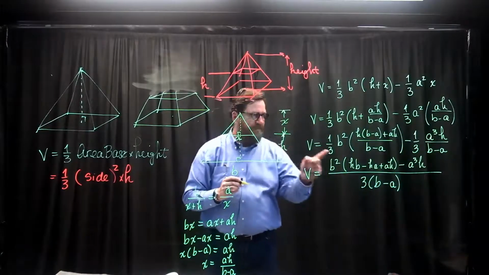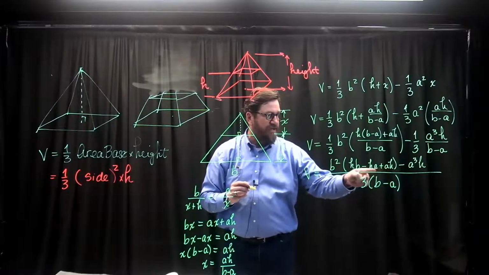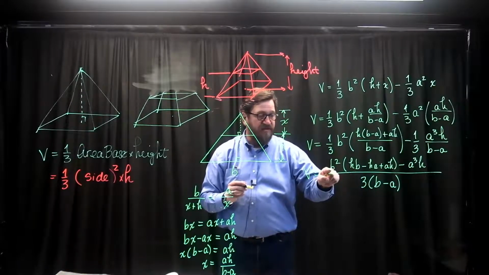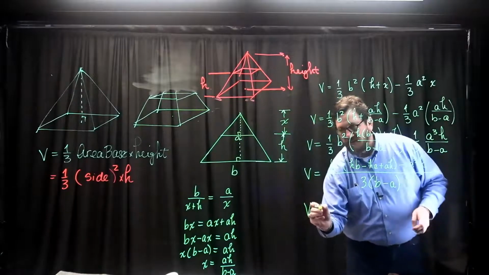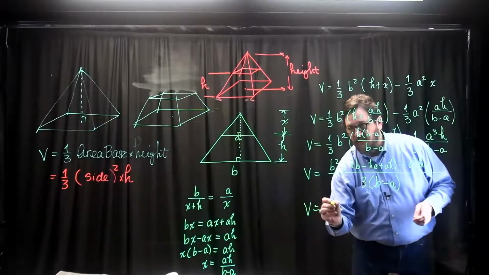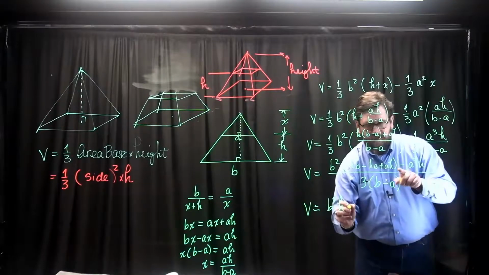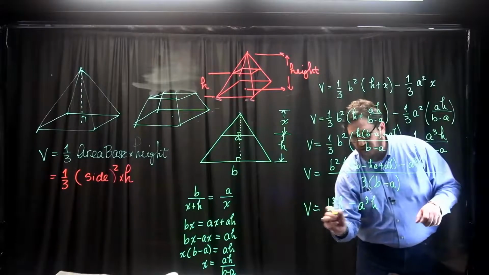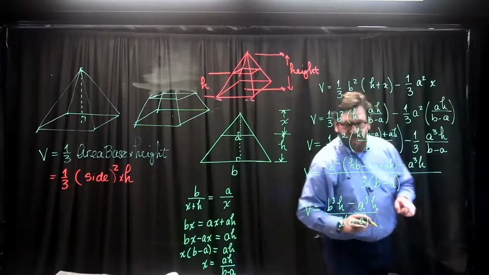Now, this is going to be nice right here because notice h times a is the same as a times h, so these two bits are going to subtract out, leaving me simply b times h. And I already have a b squared, so I'm going to get b cubed h. So the volume of the truncated pyramid is going to be b cubed h minus a cubed h over 3 times the difference in the measurements of the bases.